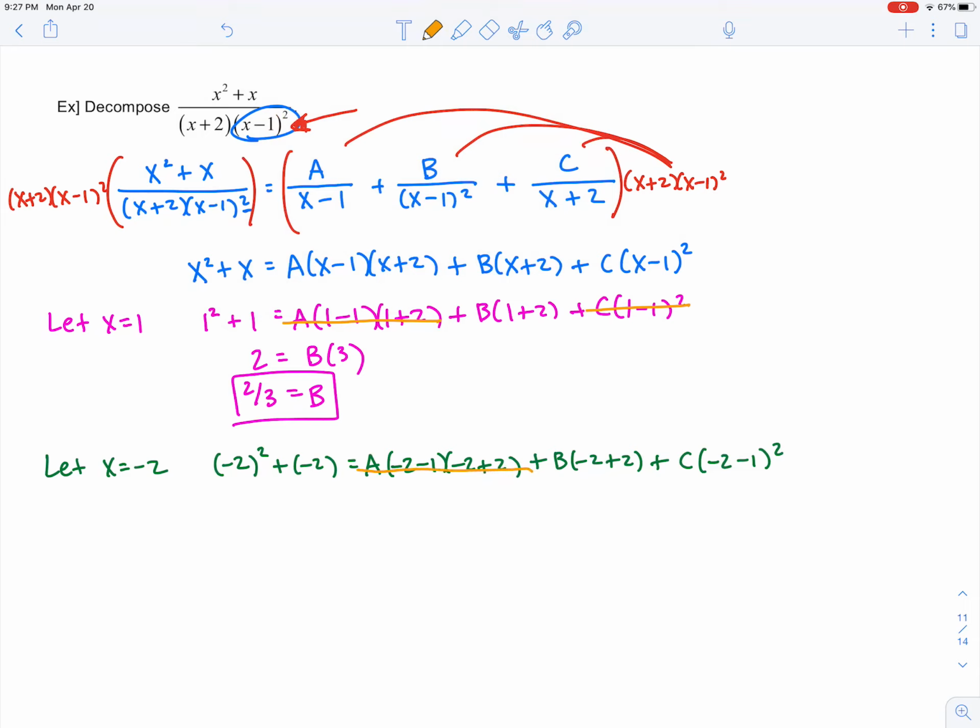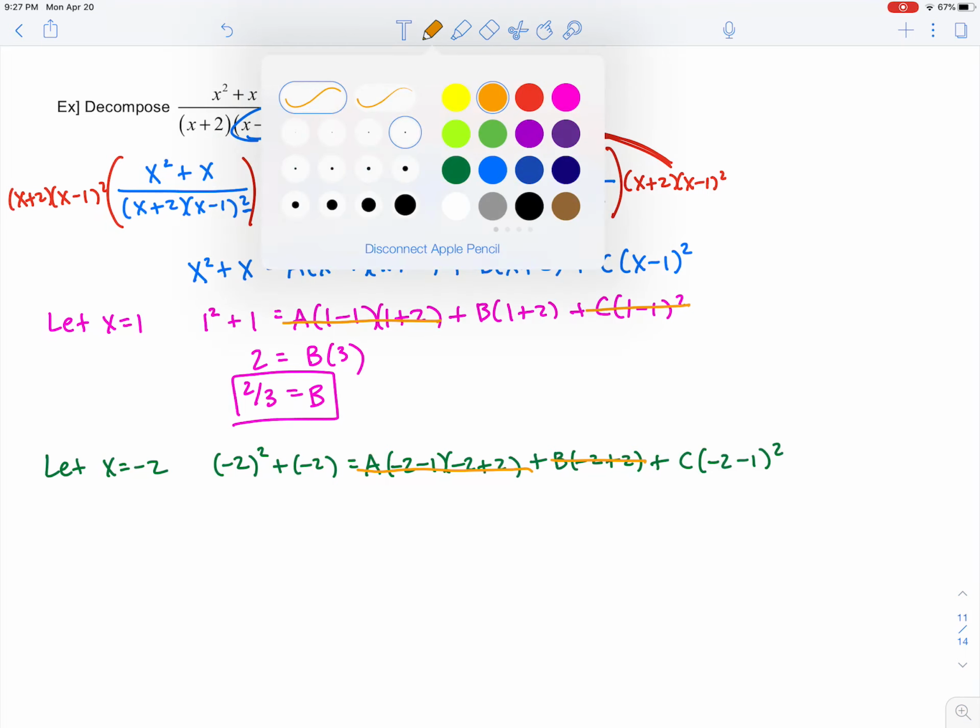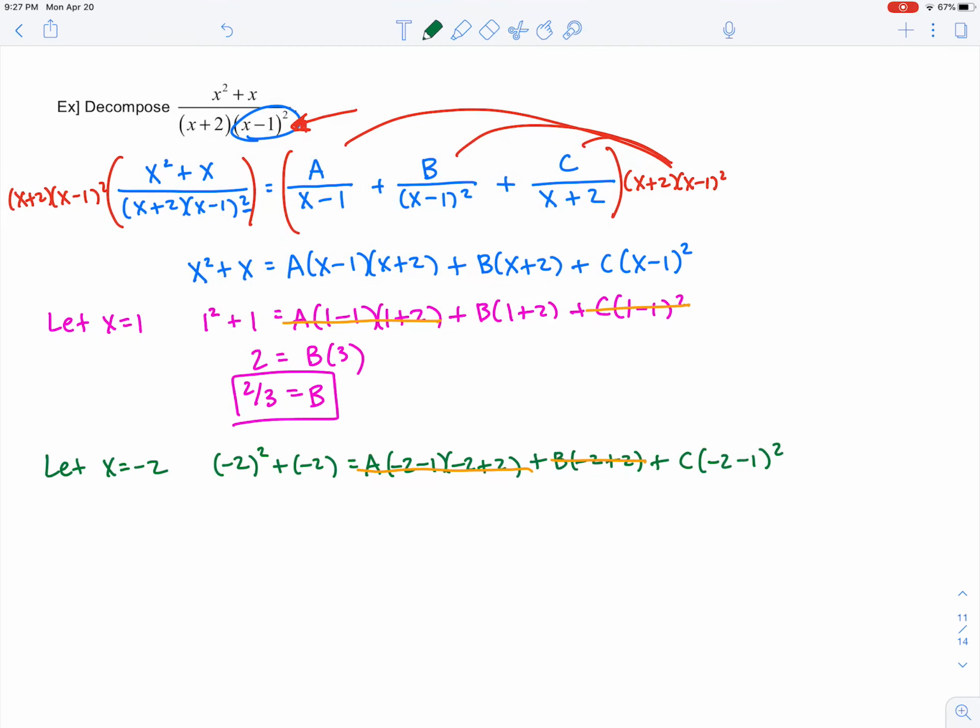So once again, this is 0 because negative 2 plus 2 is 0, as is that. So what we're left with is negative 2 squared is 4, plus negative 2 is 2, equals c times negative 3 squared, 9. So c is 2/9.